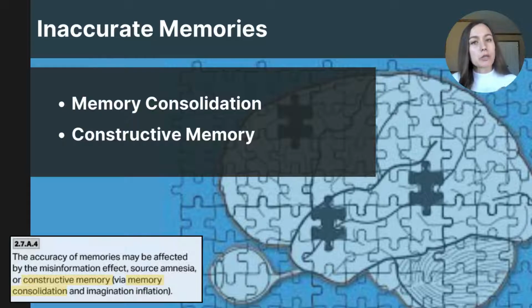So now let's focus on inaccurate memories or false memories. To really understand this topic better, let's go through the process of how memories are kept and then how they're retrieved, because that's a really important part of how we can have inaccurate or false memories. So, as a reminder, our memories aren't flawless and they're not a recording.